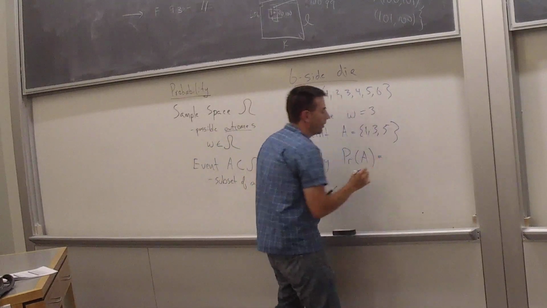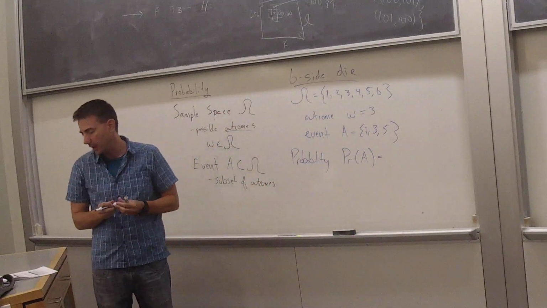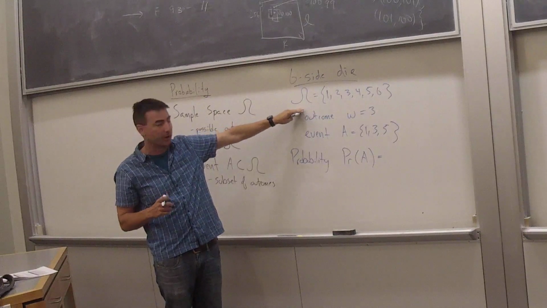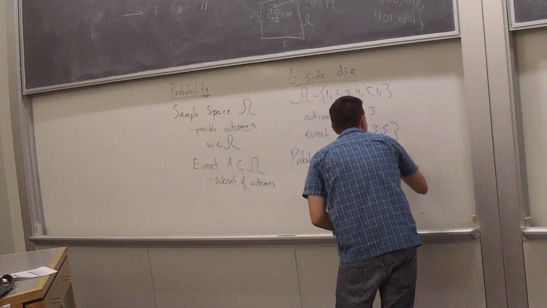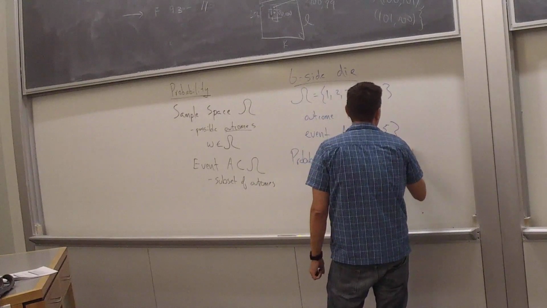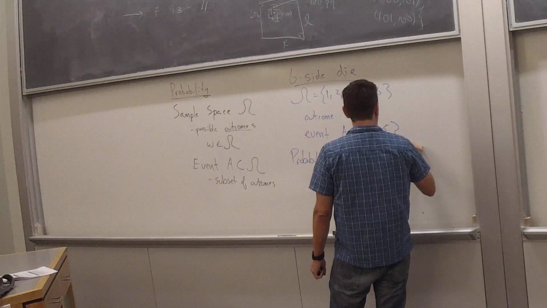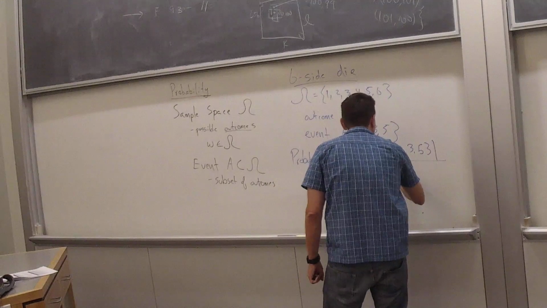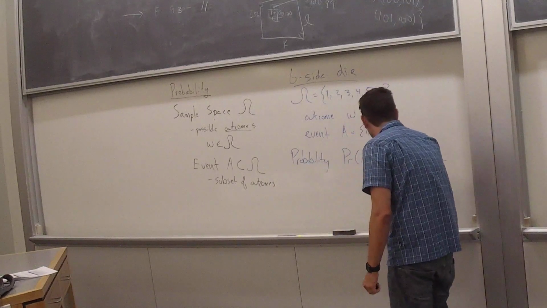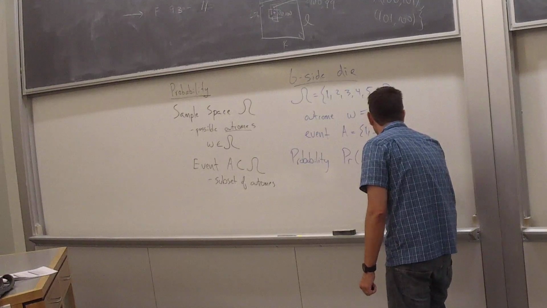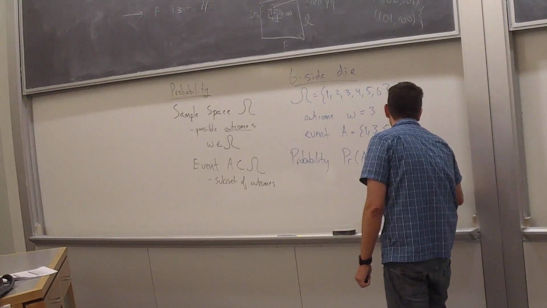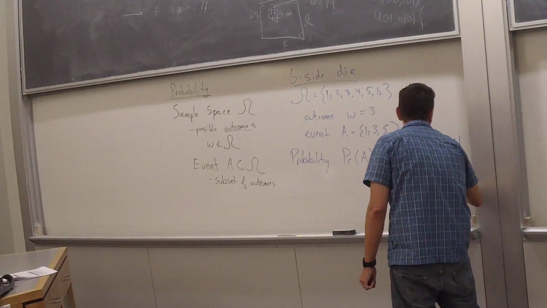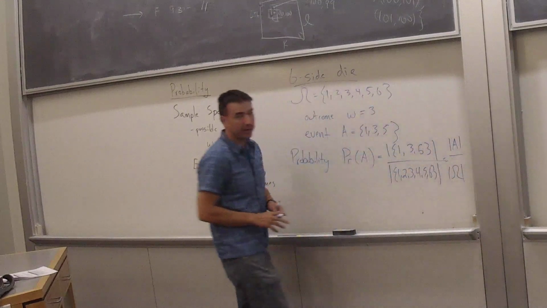Assuming there's an equal probability of each of these outcomes, I can count. The size of this event, 1, 3, 5, over the size of the entire sample space, 1, 2, 3, 4, 5, 6. This is equal to the size of A over the size of the entire sample space.